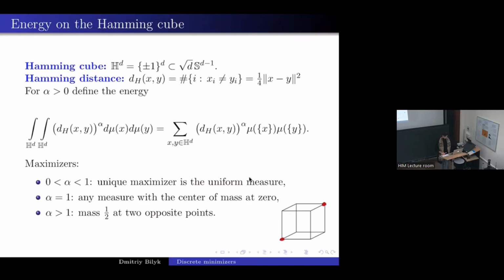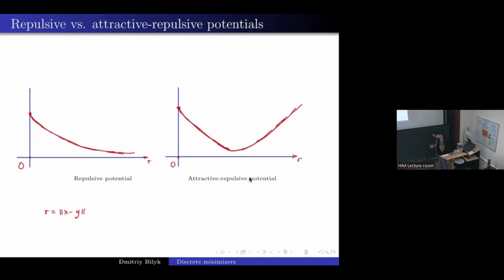All right, so now I'm going to talk about two types of kernels. All the kernels that we have seen so far were just repulsive, where, if you write the function as a function, say, of the distance, the function is decreasing. Well, okay, they were increasing, but I was maximizing. Very often you have examples where the kernel is attractive-repulsive.